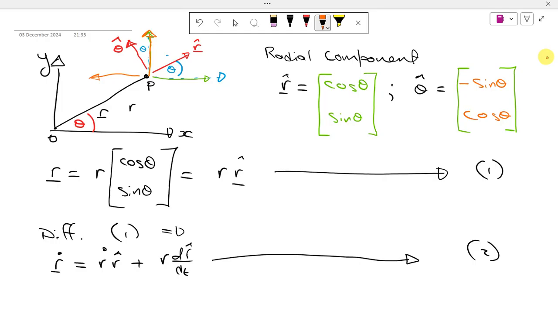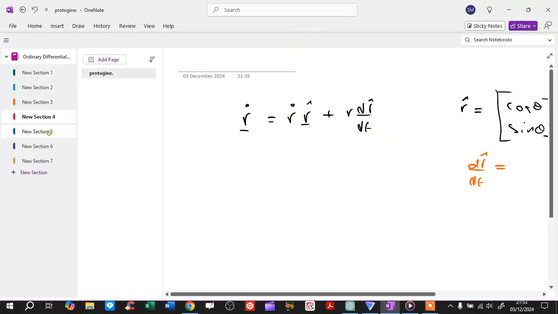Theta hat is equal to minus sine theta cos theta, isn't it? So I'll just cut and paste that, Control C, and we'll go back to section 5.